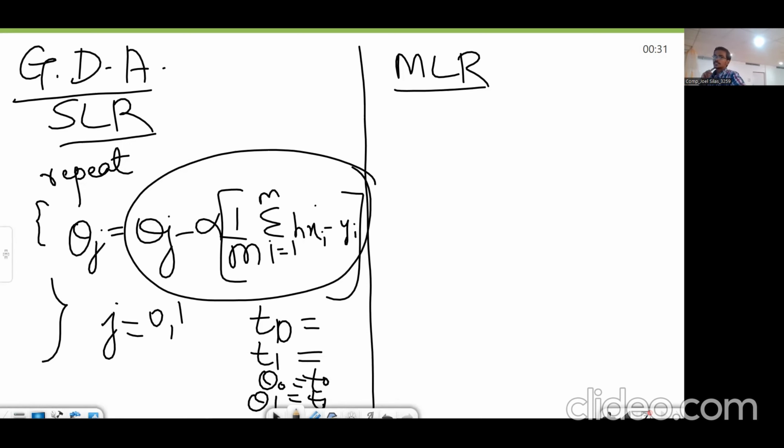In multiple linear regression, again we'll have to repeat the same thing.